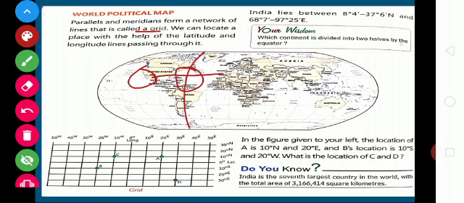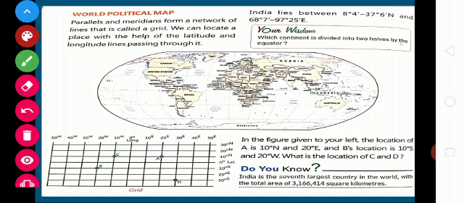India is the 7th largest country in the world with the total area of 3166414 square kilometers.